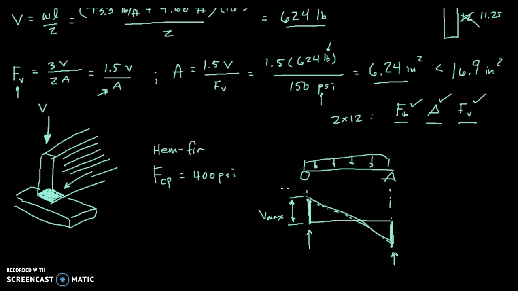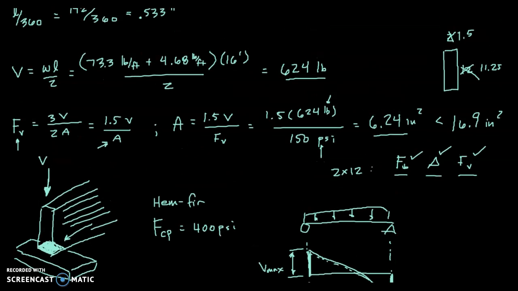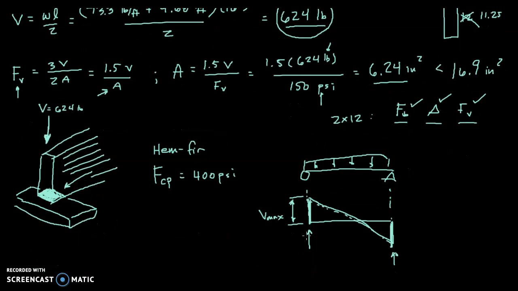And we already calculated the maximum shear force and found that it was 624 pounds. So we have 624 pounds that needs to be supported by the end of this beam.